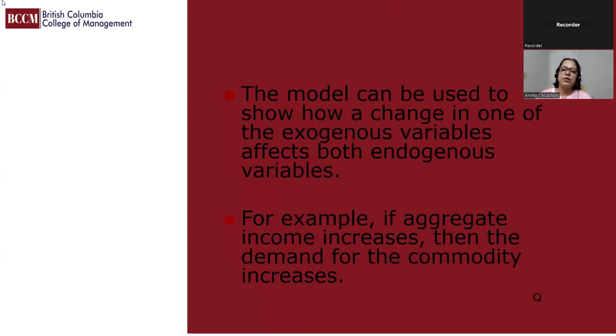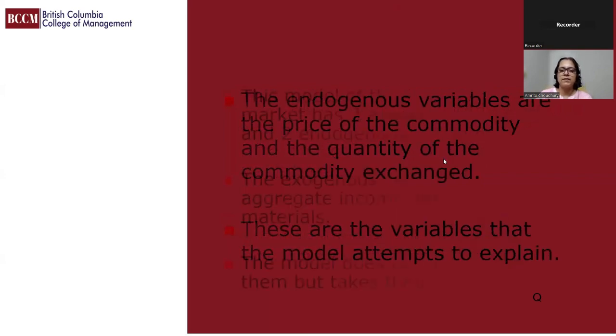The exogenous variables in this model are Y, that is aggregate income, and PM, that is prices of the raw materials. Suppose the aggregate income increases. That means people have more money in their hands, so they will start demanding more goods and services. So the demand for the commodity will rise. This can be shown diagrammatically as well.